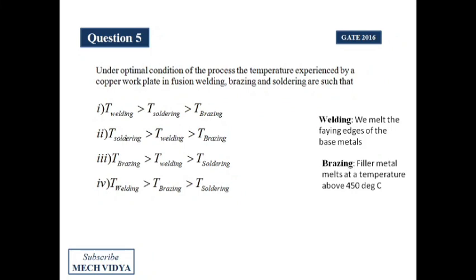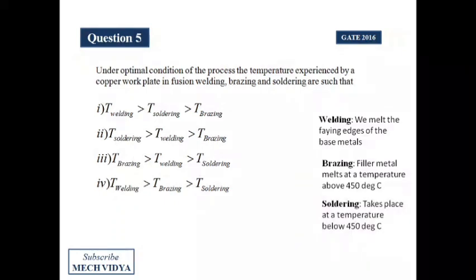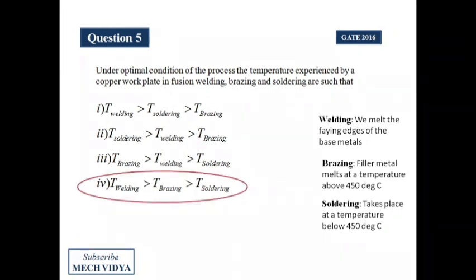So after welding, brazing will come. And finally, soldering is a technique where the filler metal melts at a temperature below 450 degrees centigrade. So the correct sequence will be option number 4. Temperature of welding will be highest, then temperature of brazing, and then finally temperature of soldering.